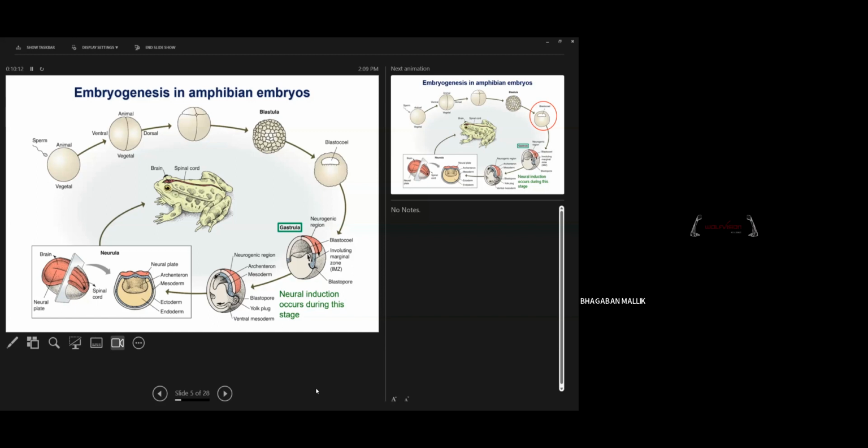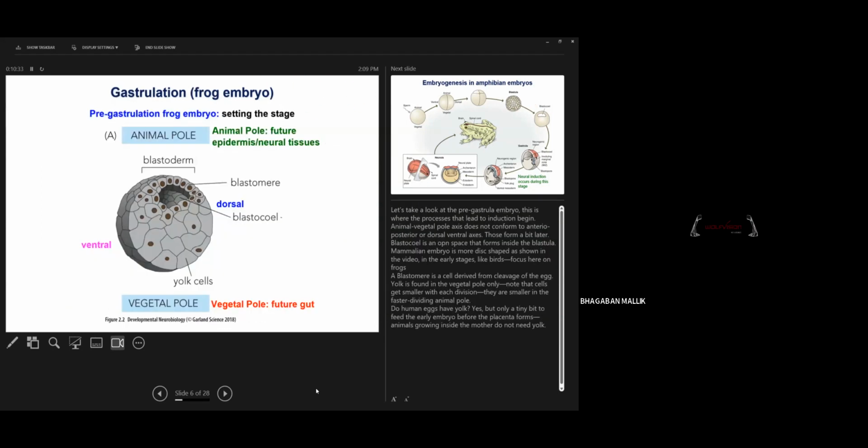Then you have the initiation of the neural plate, and during the invagination it also forms the gut, the primitive gut called the archenteron. I'll be talking more about this stage. This is called the neurula stage, where you have initiation or formation of the nervous system. This is just to highlight how gastrulation happens and how the gastrula stage looks.